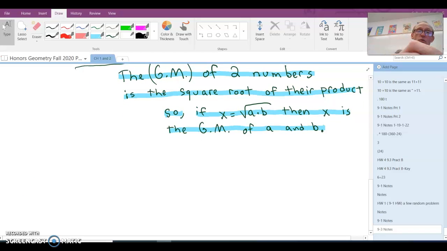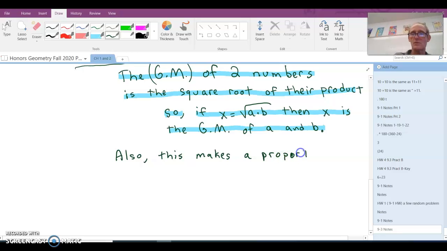Okay? Also, this makes a proportion. And the proportion is x over a equals b over x.